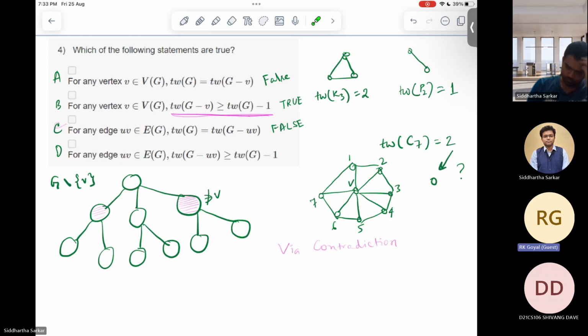Whatever argument I gave just now regarding the falseness of option C: if this bag is containing the maximum number of elements and U and V both are there, and because of the connectivity between U and V, if I remove UV from here, then at the most this TW can drop by an amount of 1. So this is true. I go with that.